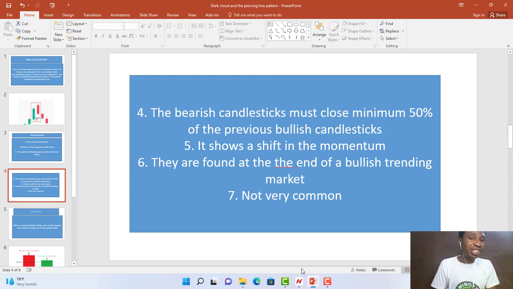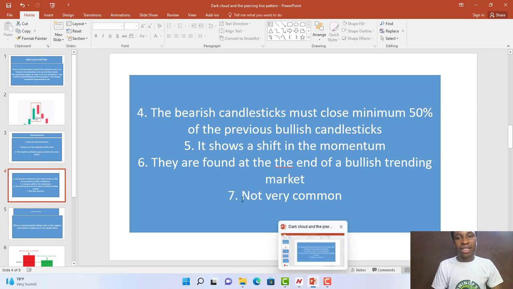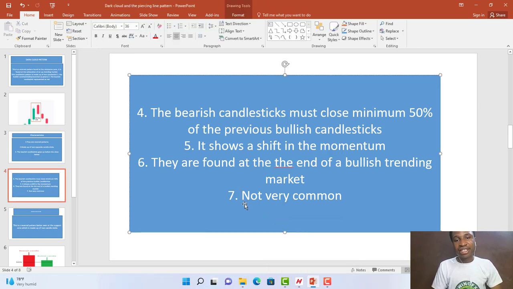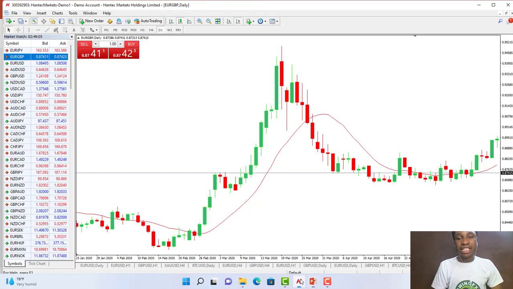So whenever I spot it, I capitalize on it. That's one of my secrets in candlesticks. I use it in the dark cloud pattern. They are not very common, but whenever they are seen, they play out in the forex market. So that is it for the dark cloud. I've shown us a good example on our chart.